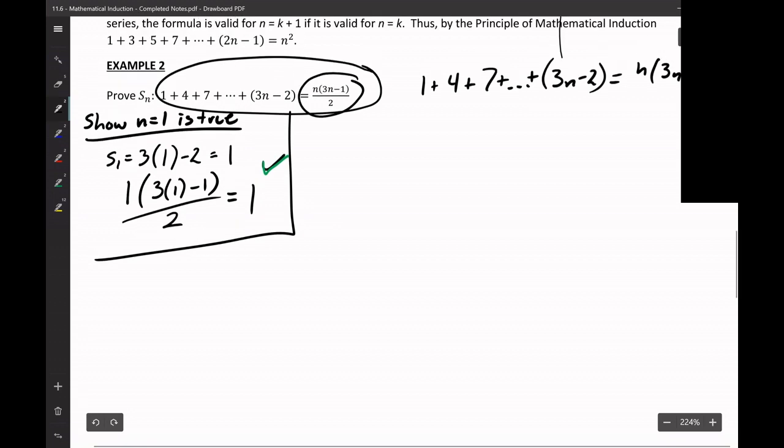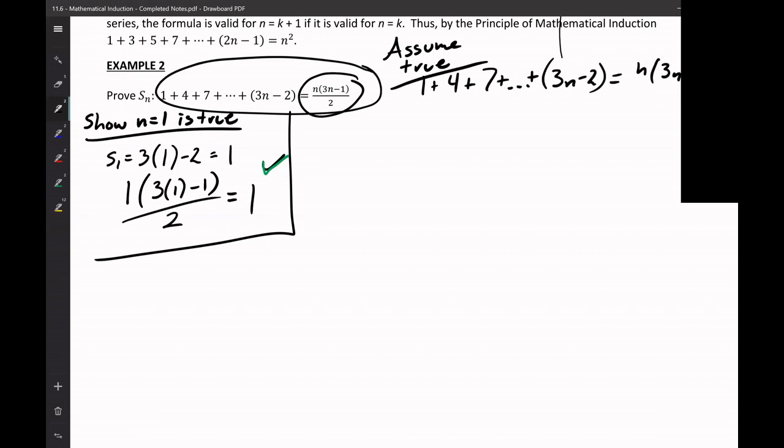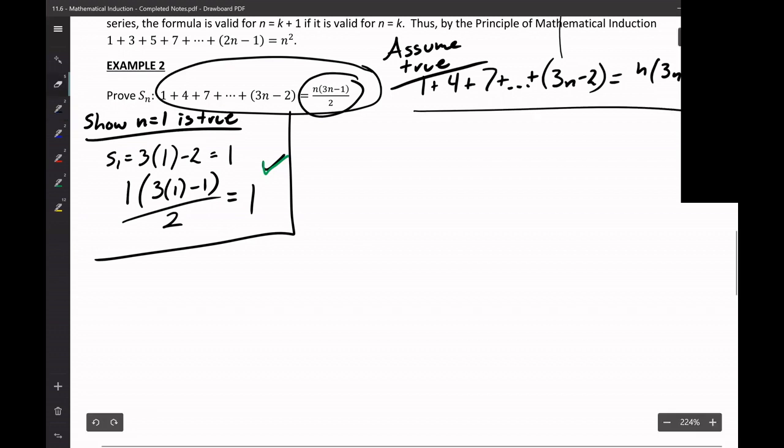Okay, so this is what you're assuming is true. We're going to use this in the future, except let's change these to k's because it starts to get confusing if you don't. So assume n equals k is true.